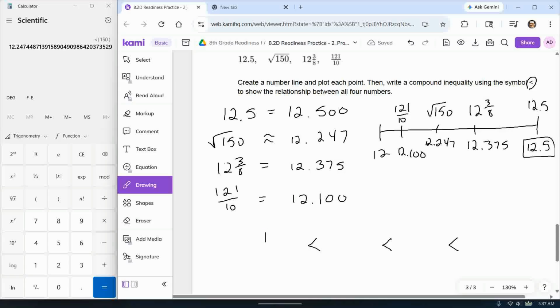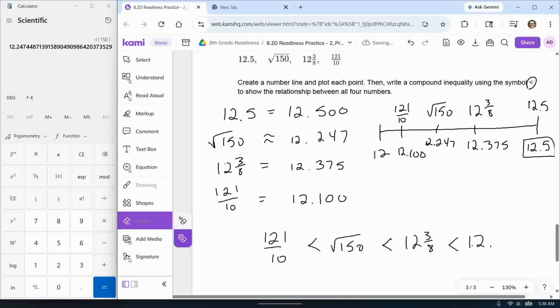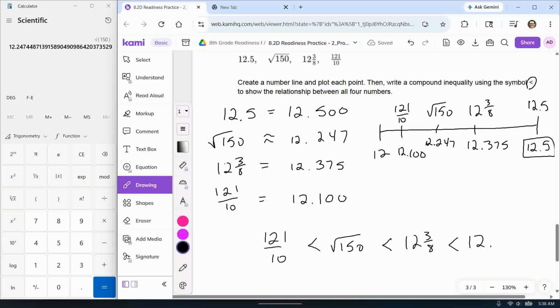So what's my smallest? 121 over 10 is less than square root of 150, which is less than 12 and 3/8, which is less than 12.5. There we go. That is our compound inequality.